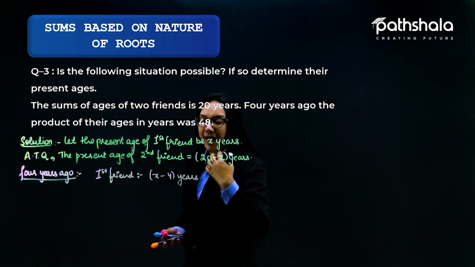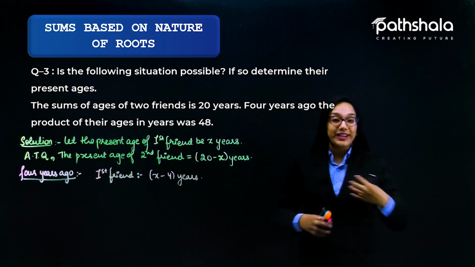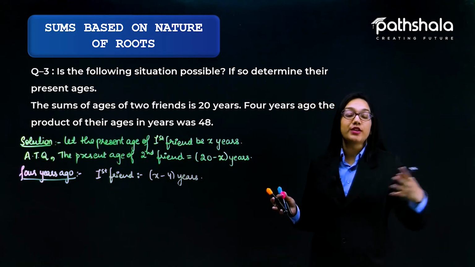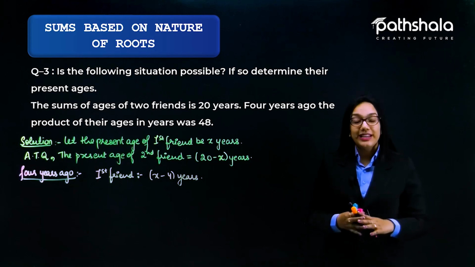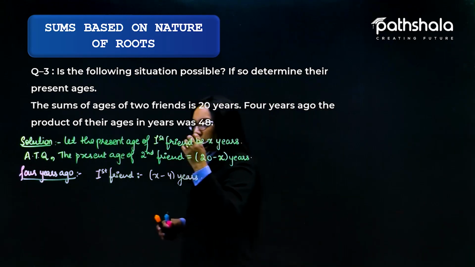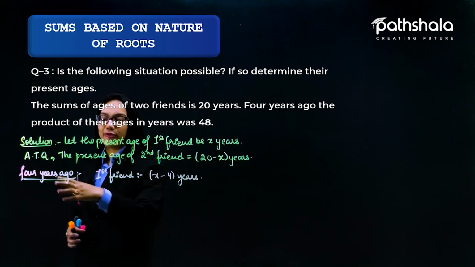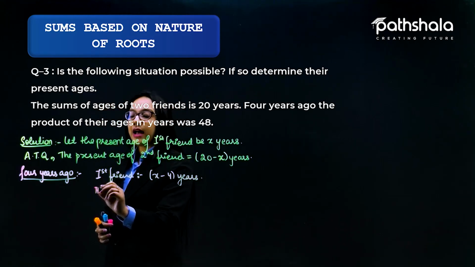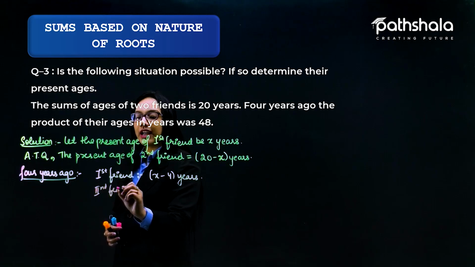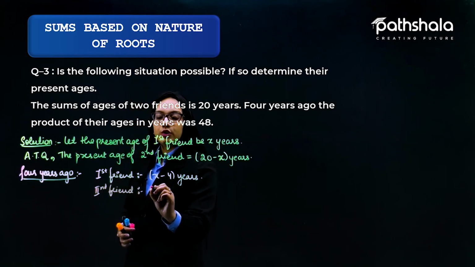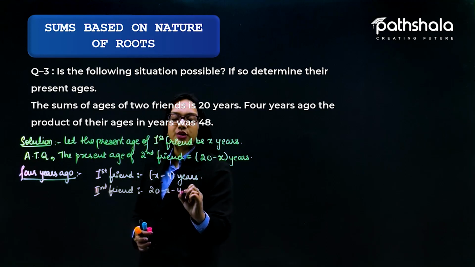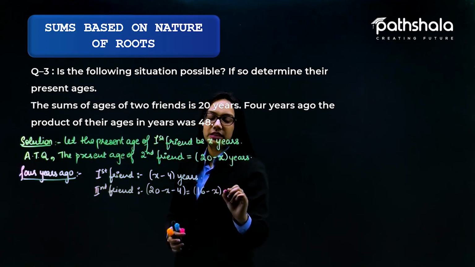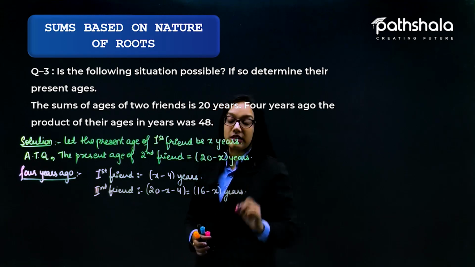Obviously, if my age today is 20 years, then 4 years ago my age would be 20 minus 4, that is 16. In the same way, 4 years ago the first friend's age would be X minus 4 years and the second friend's age would be 20 minus X minus 4, that is 16 minus X years.